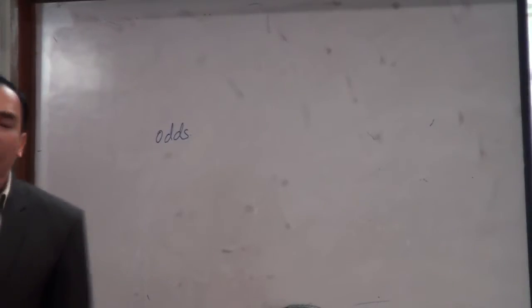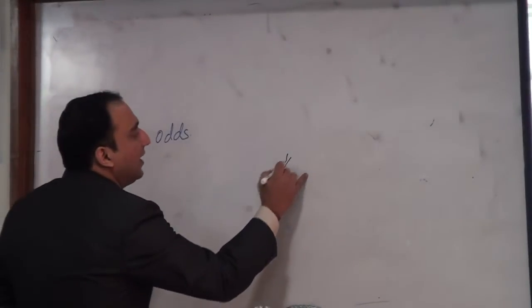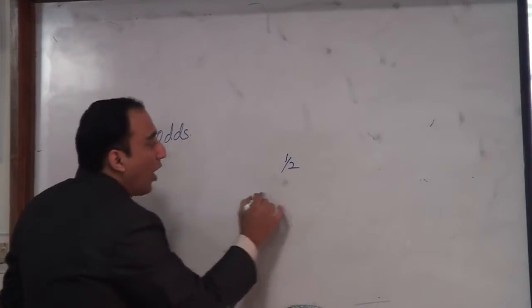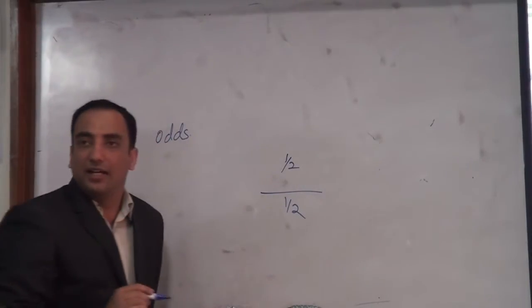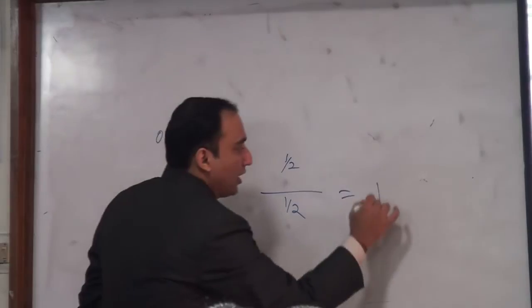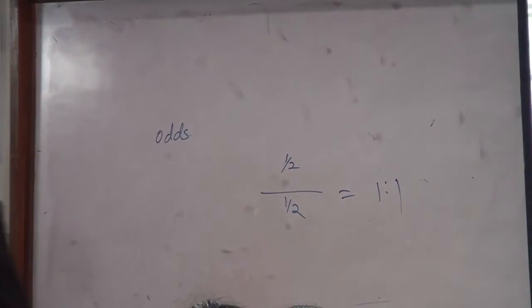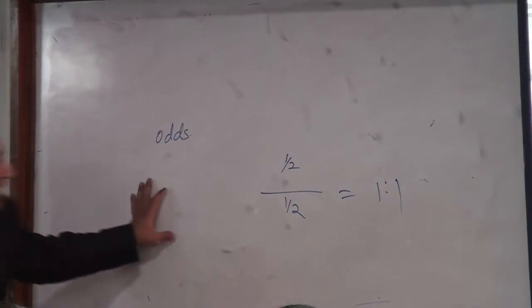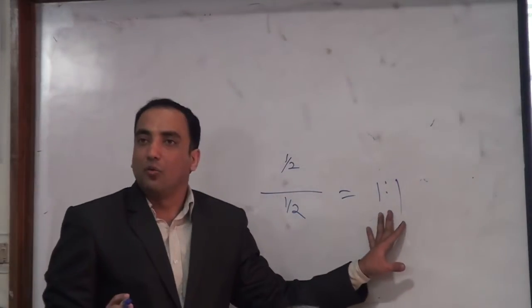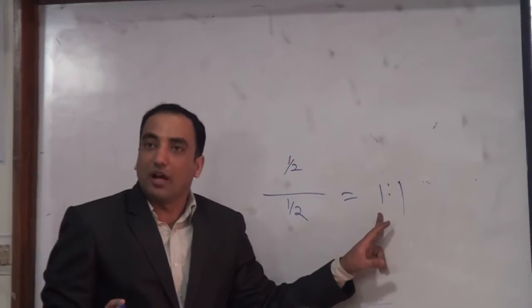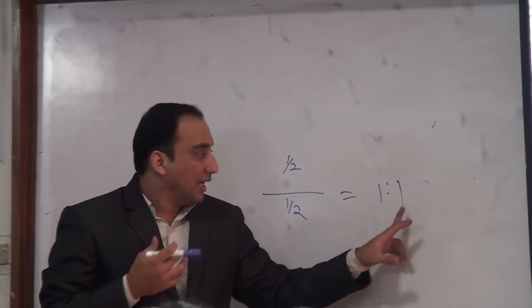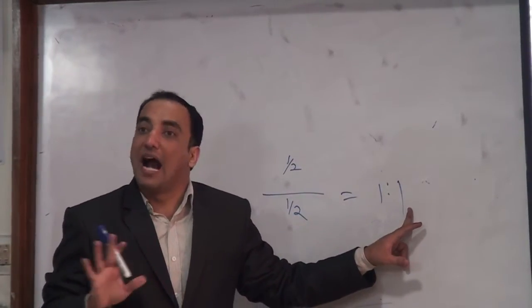So, what are the odds in favor of a head? 1 by 2. What are the odds against head? 1 by 2. So what is the odd ratio? 1:1. What does this mean? The first value is in my favor. The second value is against me.